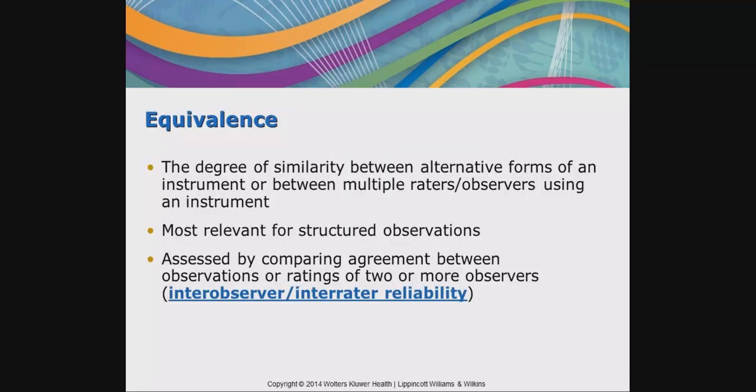Equivalence. Really, this is the degree to which two forms of an instrument obtain the same results, or two or more observers obtain the same results when using a single instrument. For example, you have a study of two falls risk assessment tools with elderly hip fracture population.